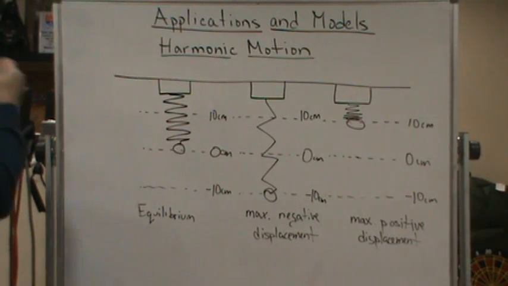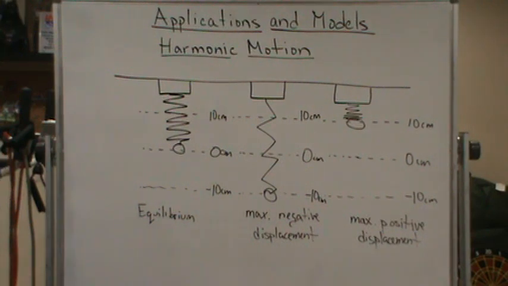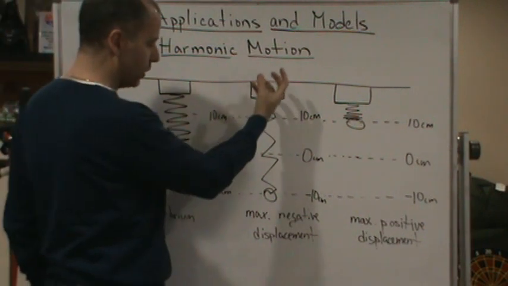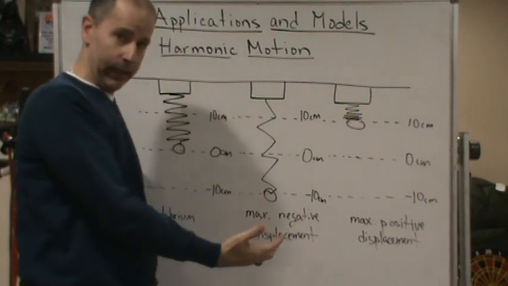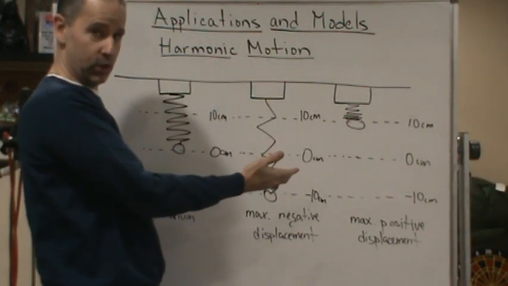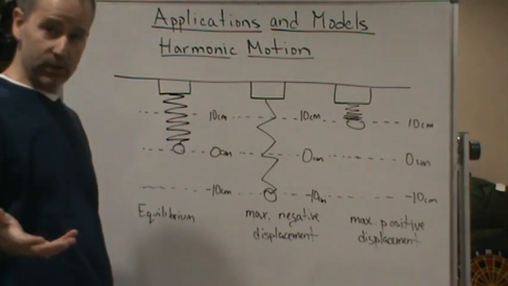And now if we pull the spring down to the maximum distance or displacement of this ball without changing the nature of the spring, so we're not going to deform the spring, where it's not going to go back to its original position, and that depends on the properties of the spring.